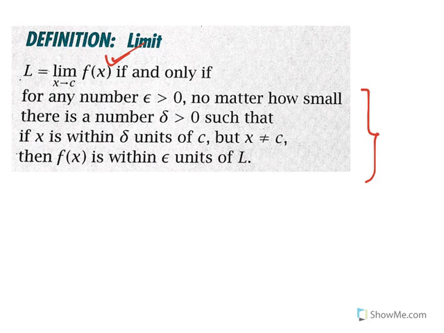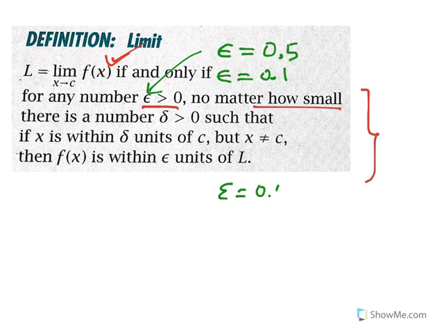It means if and only if for any epsilon greater than 0, no matter how small epsilon may be. So epsilon could be, as we saw yesterday, 0.5 for our two examples, but it could be something smaller than that. Epsilon could be maybe 1/10, or even something smaller.